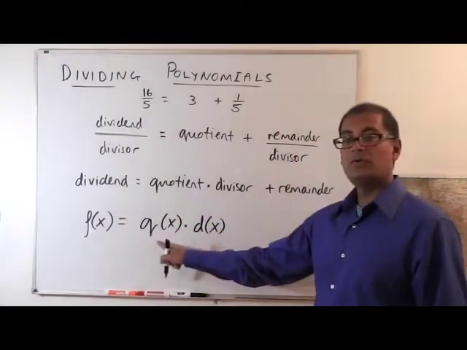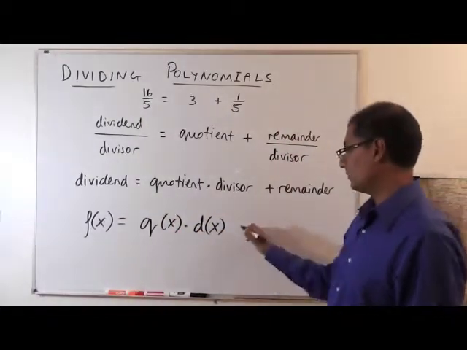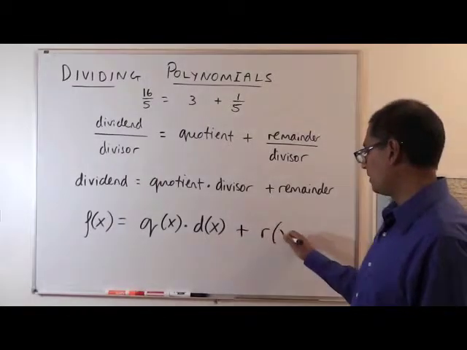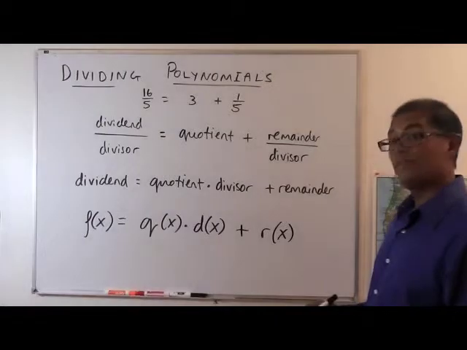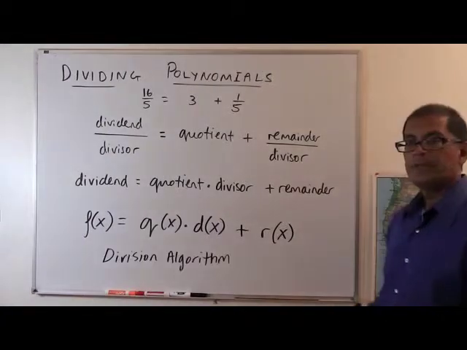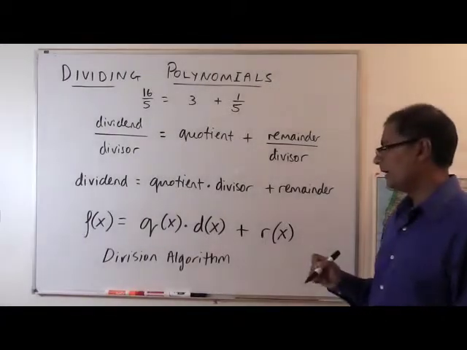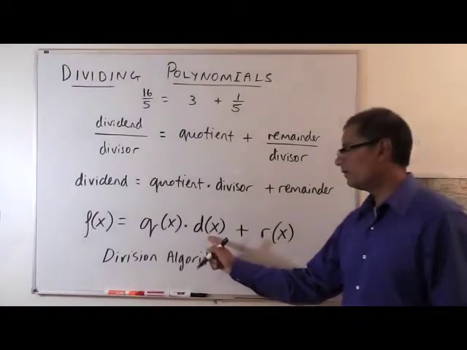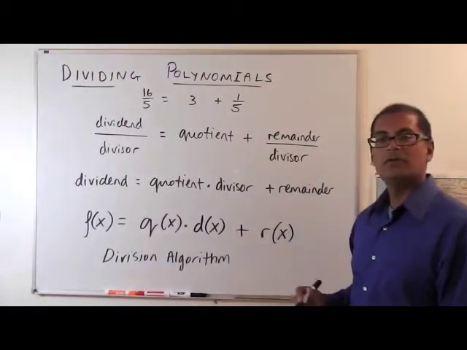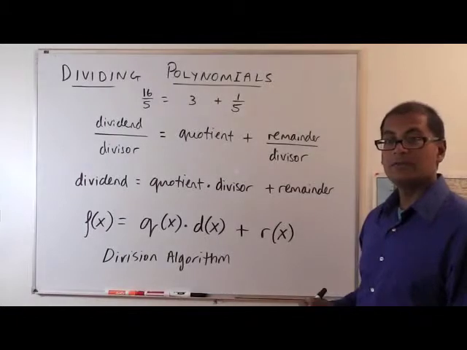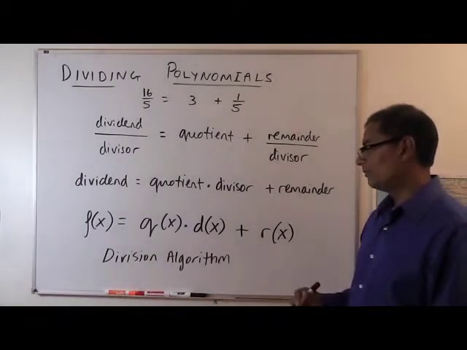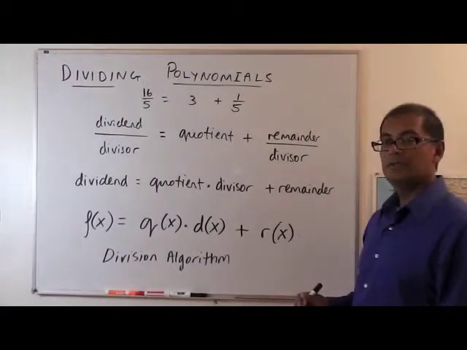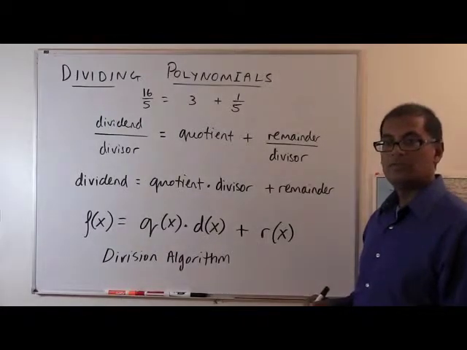So the quotient, q of x, times the divisor d of x, plus your remainder, r of x. And we call this formula the division algorithm. Note that if you have no remainder, that means that your divisor goes evenly into your function, and it's a factor of the function. So we'll see more of that later. So let's use this division algorithm and proceed into polynomial long division.